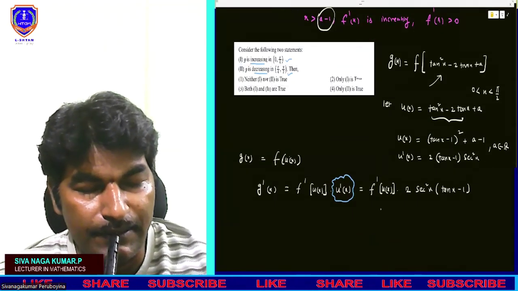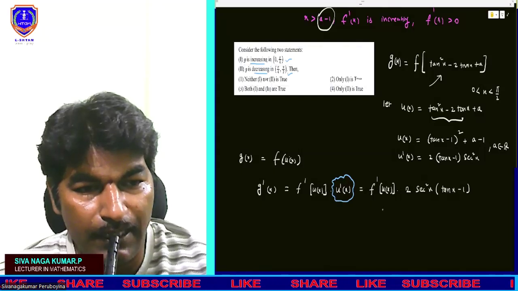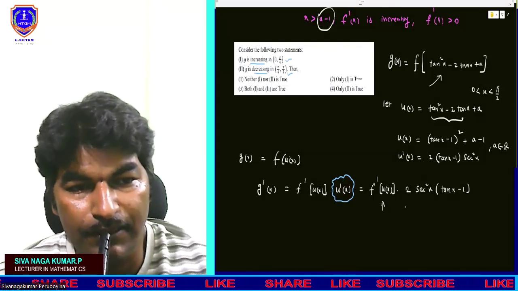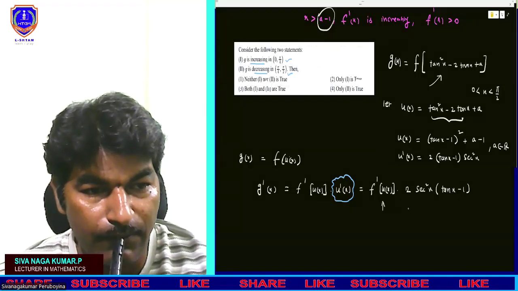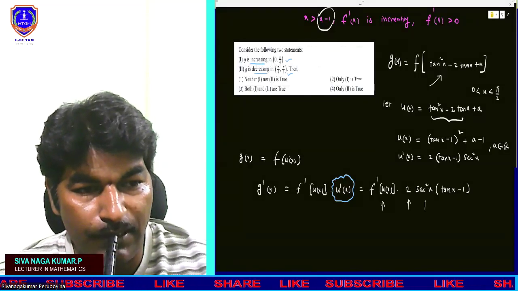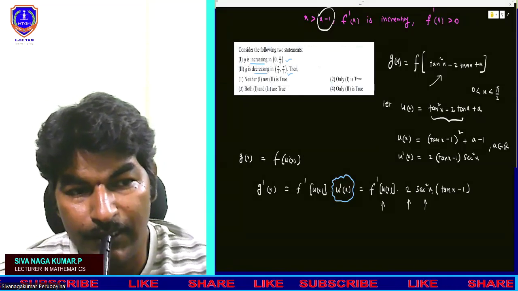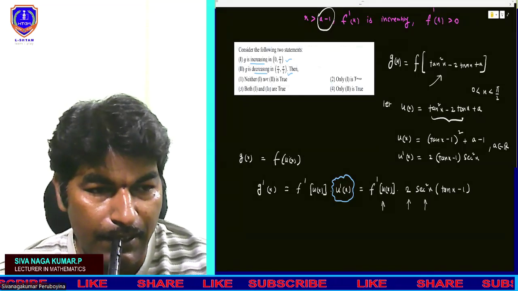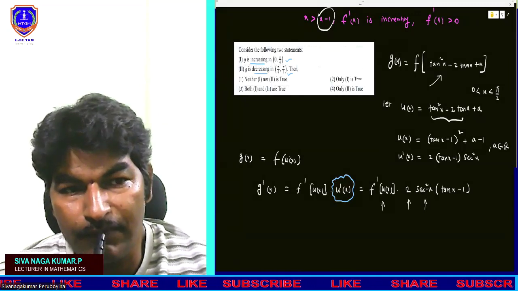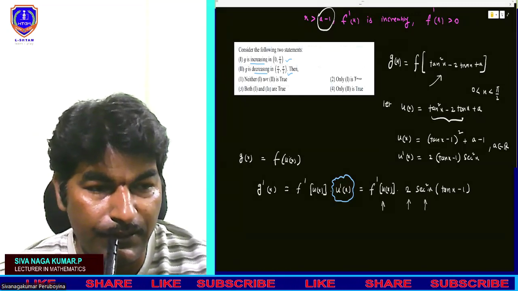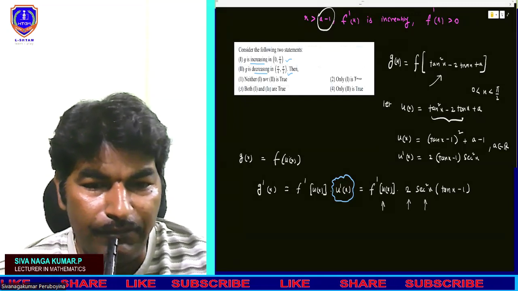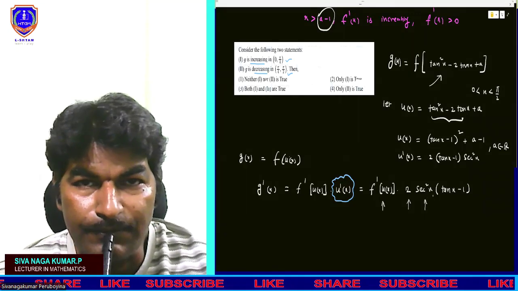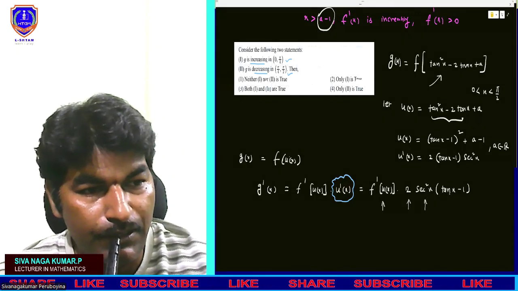Can I indicate increasing nature as the upward direction of an arrow? So 2 is positive. Secant square for all x belonging to R is also positive. It will be defined in the interval 0 to pi by 2, in the first quadrant. In the first quadrant, all are positive. We know that in trigonometry.